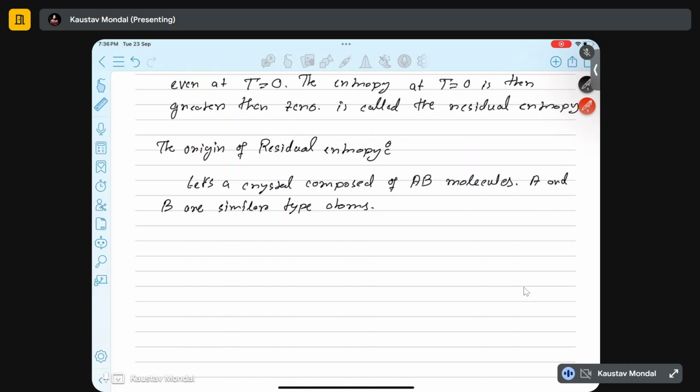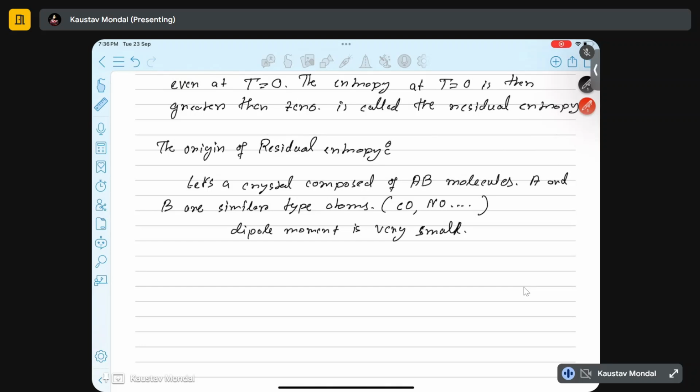Similar type atoms means, not like carbon monoxide or nitrous oxide, but similar types of atoms. So that means the dipole moment is negligible. The dipole moment is very small, you can say.